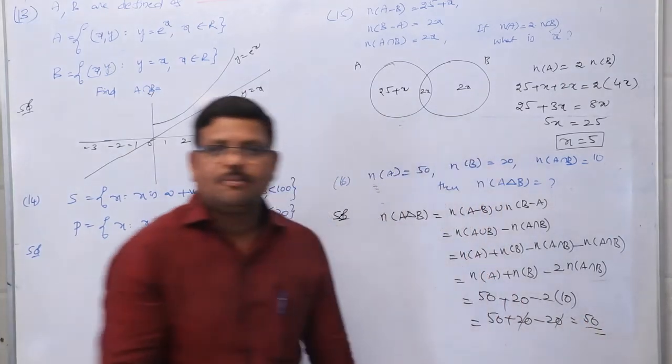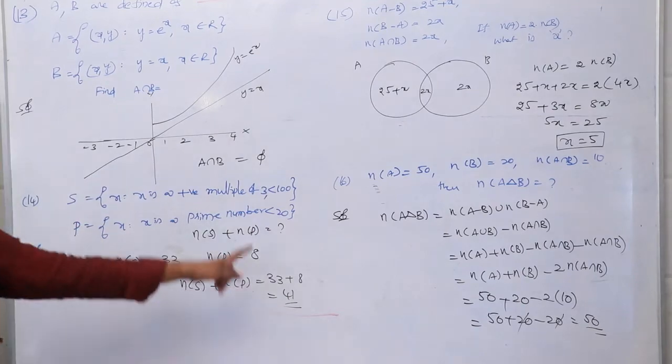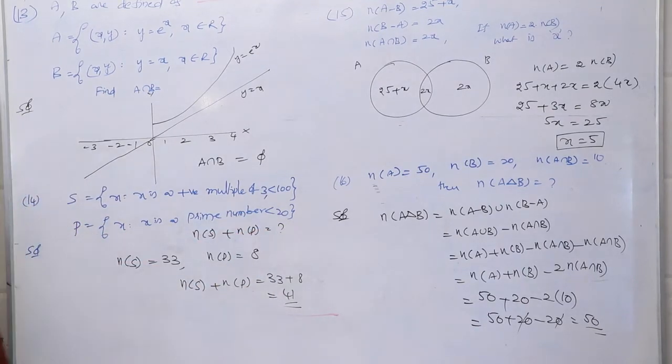Therefore, number of A delta B equals 50.